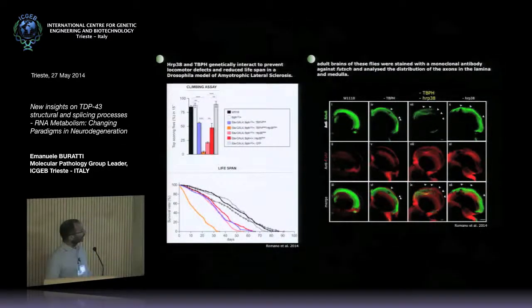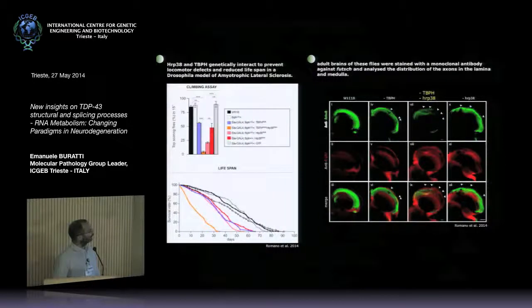And this is actually connected with alterations at the level of expression of genes that are known to be targets of TDP-43. So you can see in this case, this is adult fly's brain, and you can see that there are defects in the regulation of FUCH, whether you partially remove HRP38 or you partially remove TBPH, but these defects are much more pronounced when you put these two proteins together.